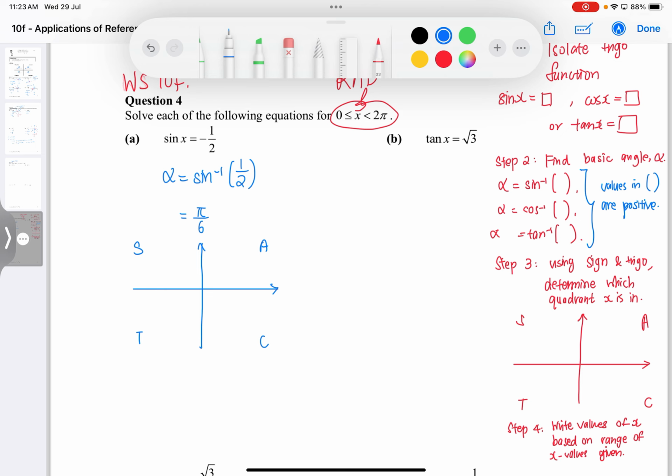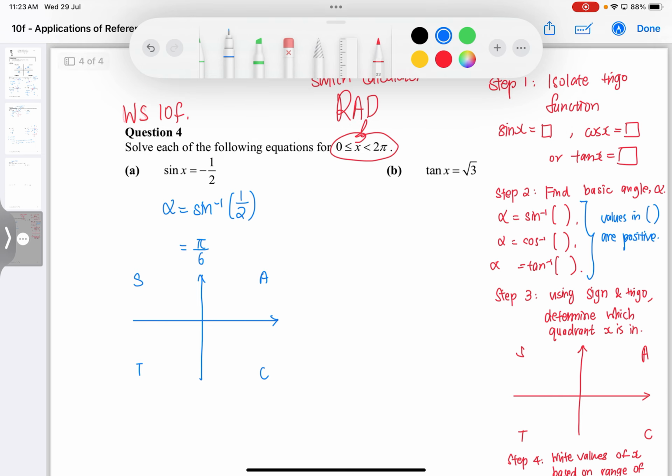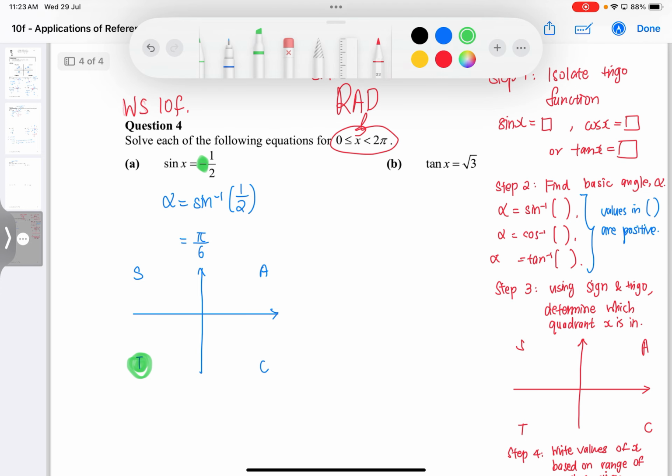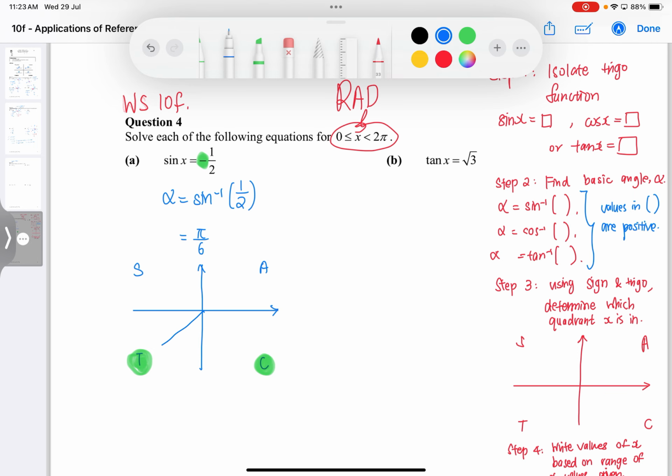Then, from 0 to 2 pi, I have a negative here. If it's negative, which quadrant are we talking about? Tangent and cosine. So this angle exists in the third and the fourth quadrant. The first value will be here, and the second value will be here.